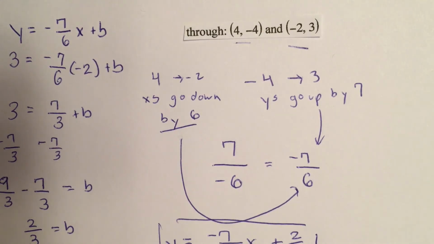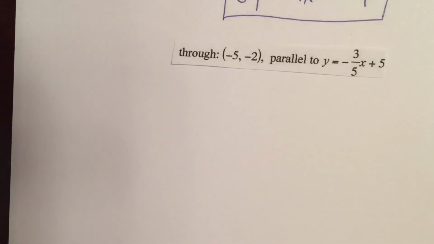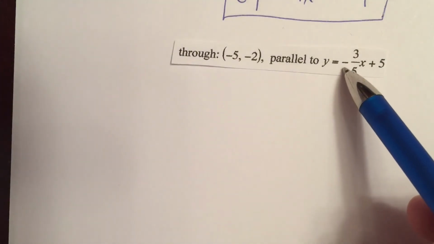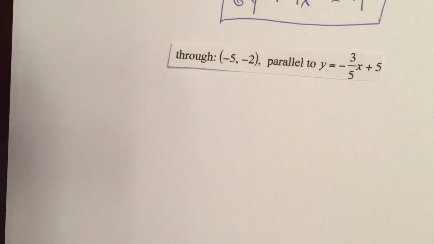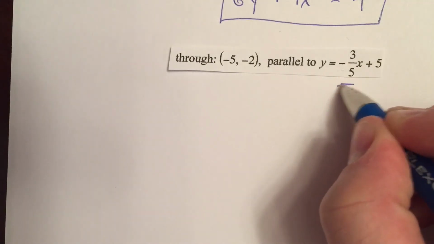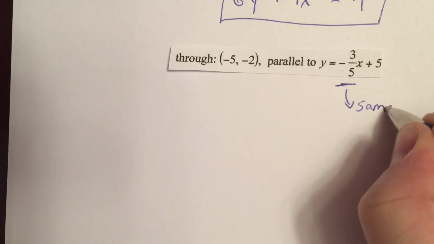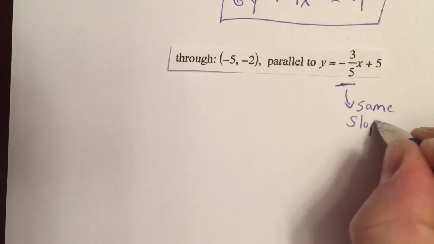Now let's say we're given a line that we know is parallel to this line, but it goes through this point. What does parallel mean? Parallel means that they never intersect, and they never intersect because they have the same slope.